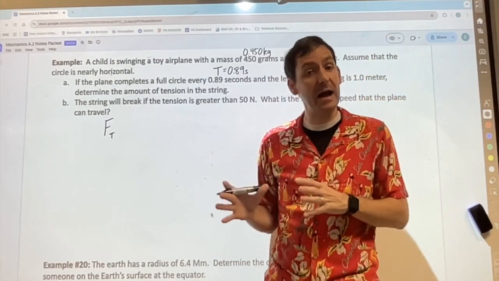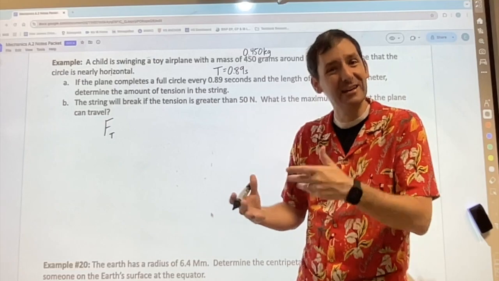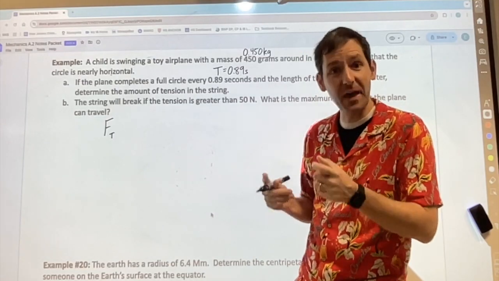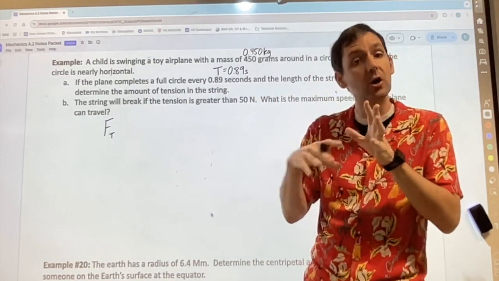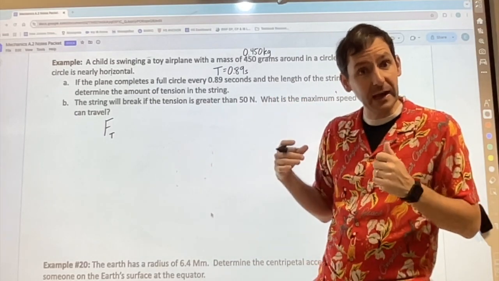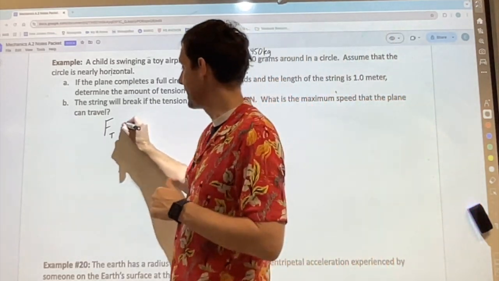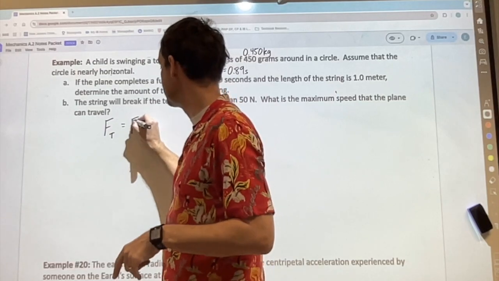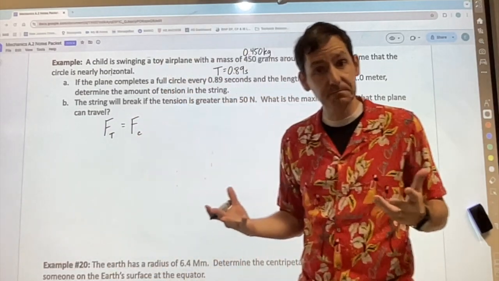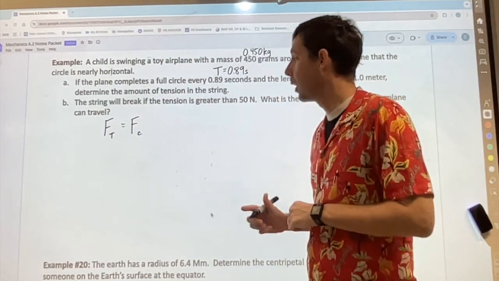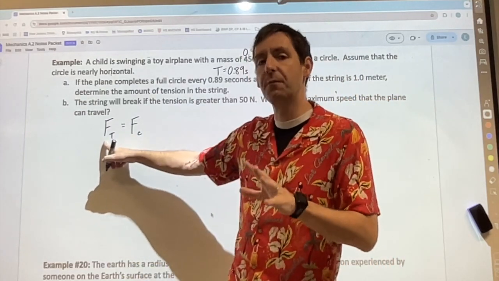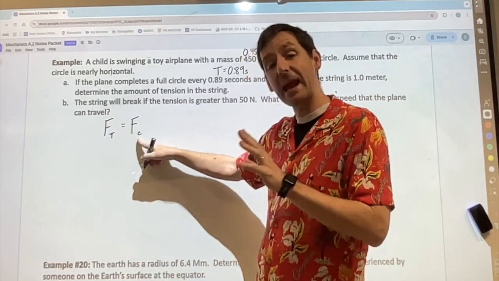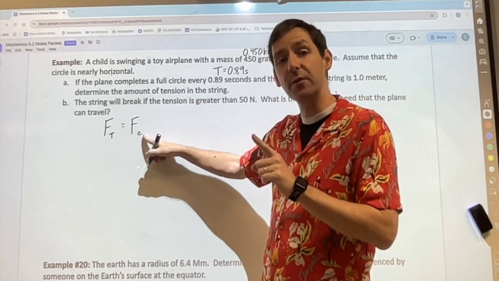As we know from class, the centripetal force here is the string, the tension. That's what's pulling towards the center of the circle, causing the airplane to go in a horizontal circle. So I'm going to write down that the force of tension is the centripetal force. I can't solve for the force of tension by itself, but I can solve for the centripetal force.